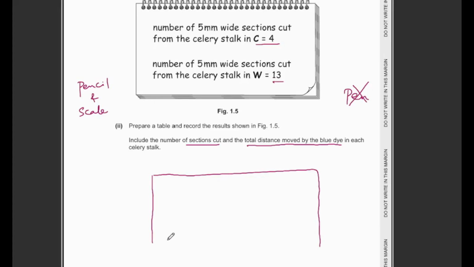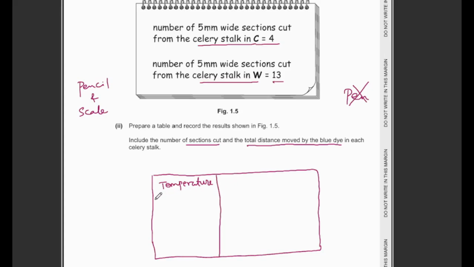So first, we will draw this table. Done. Now we require one column for the number of sections, one for the total distance, and one more column for the stalk in W and ciliary stalk in C, and that one is the water bath, right? We kept it in a water bath, so we should keep the temperature on one side.